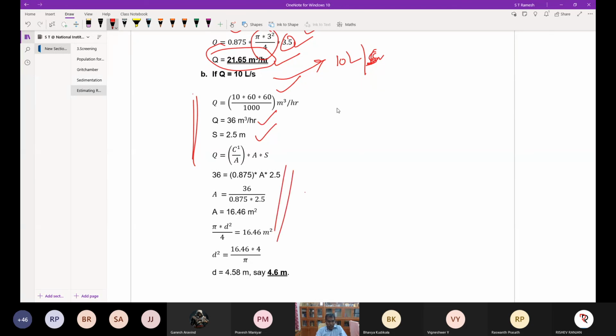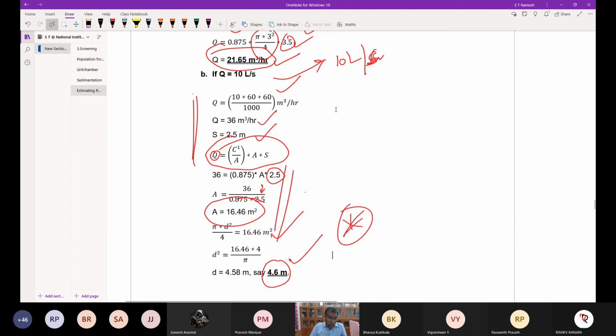You can use the same formula. All other values are known: C dash by A I calculated, Q is my requirement, and the drawdown will be 2.5 meter. Only the unknown value is A. So I can calculate the area, it is 16.46 meter square, and based on that I can fix the diameter as 4.6 meter. Is it okay?